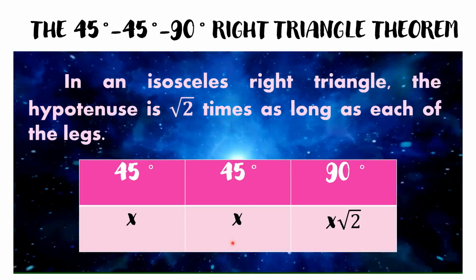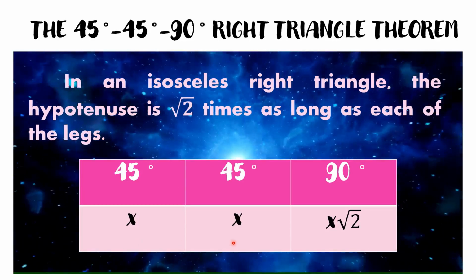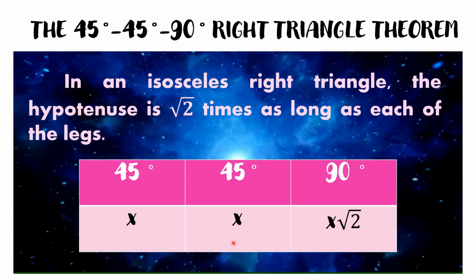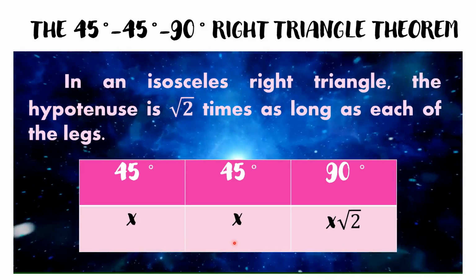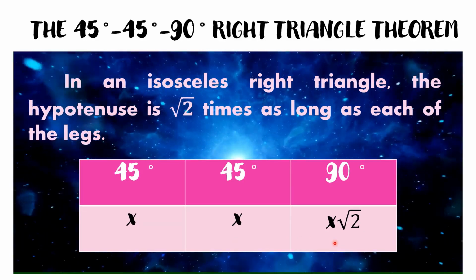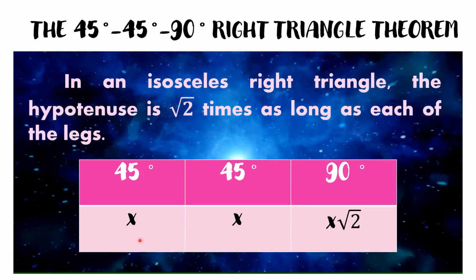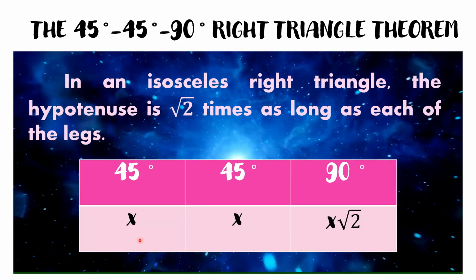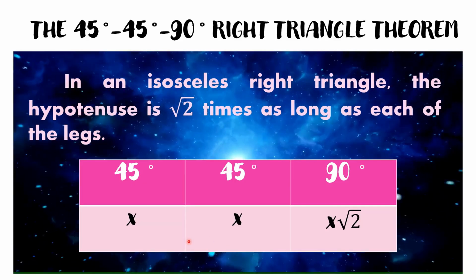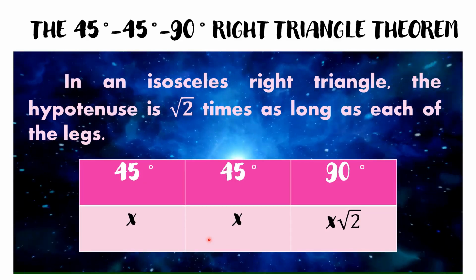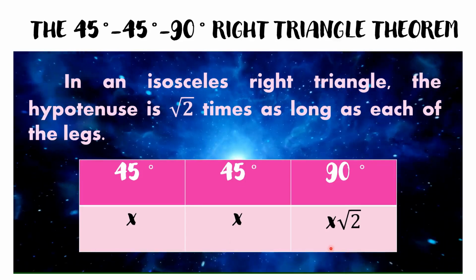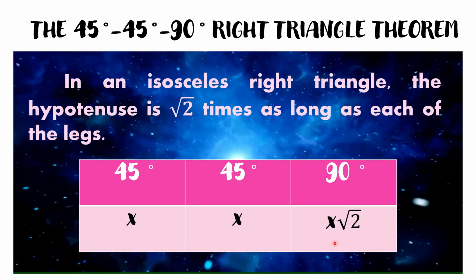So, X tapos X. Doon naman sa side opposite kay 90 degree or yung hypotenuse, pwede natin gamitin si X square root of 2. So, sa madaling salita, si X represents the legs of an isosceles right triangle. Tapos, si X square root of 2, ang nire-represent naman niya is the hypotenuse.